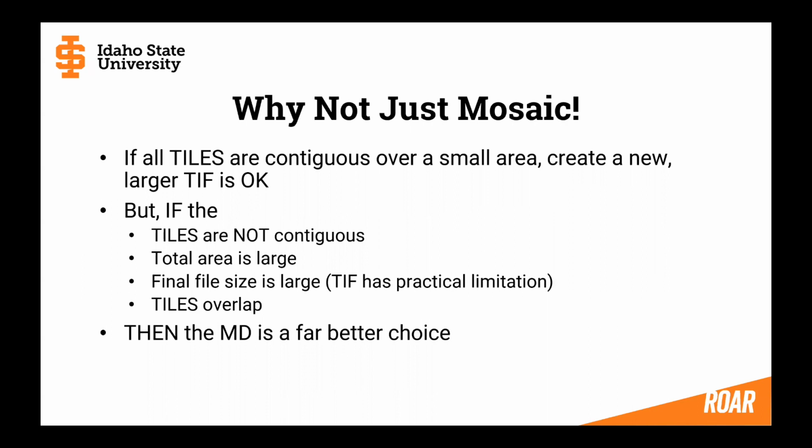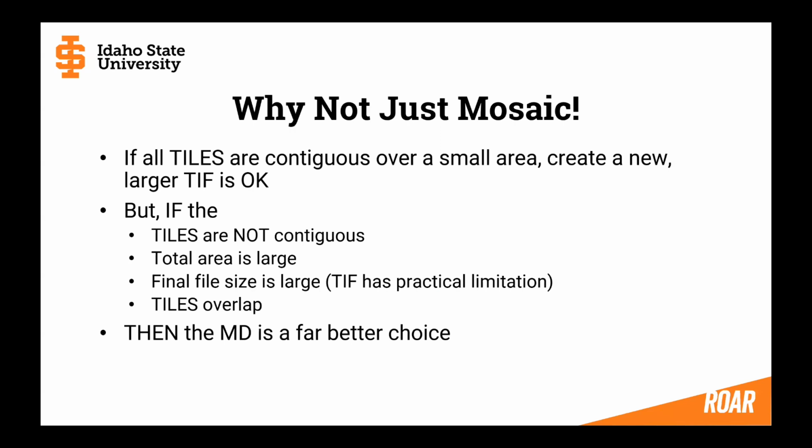But if the tiles are not contiguous, or if the total area is large, the entire state of Idaho, or the final file size, once you do mosaic it, is really, really large, TIFF has a practical limitation. After it gets a certain size, the file will write, no problem, but it won't work well. It just works terribly inside of ArcGIS or any GIS software.